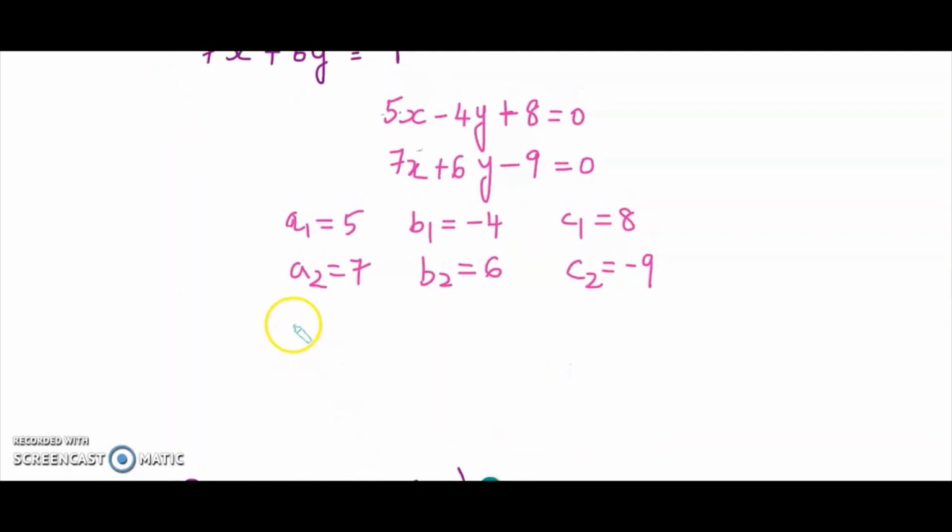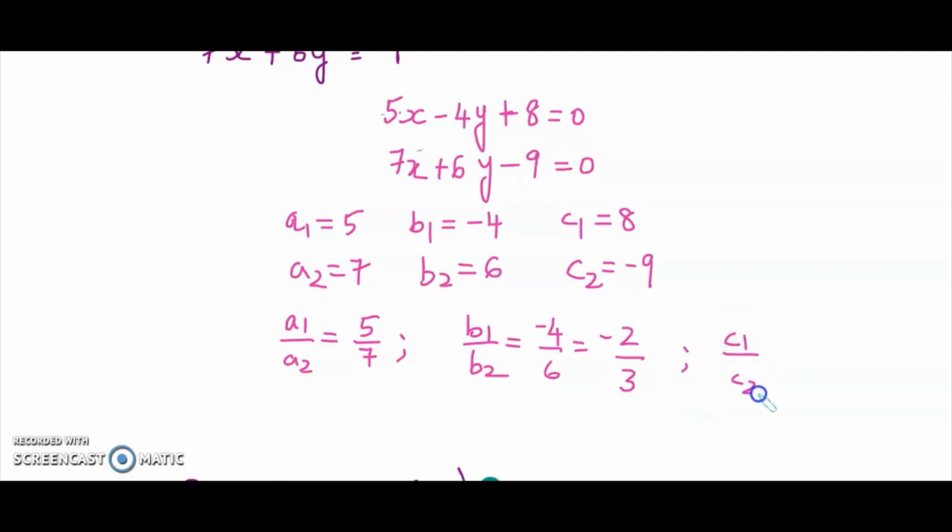a1 by a2, we are getting 5 by 7. Then b1 by b2 is negative 4 by 6. We can simplify that and it comes out as negative 2 by 3. And c1 by c2 is 8 over negative 9.